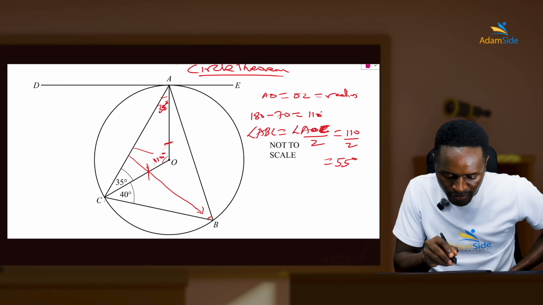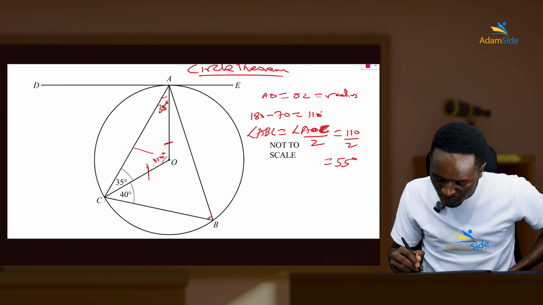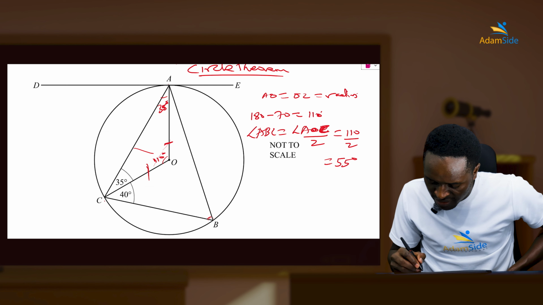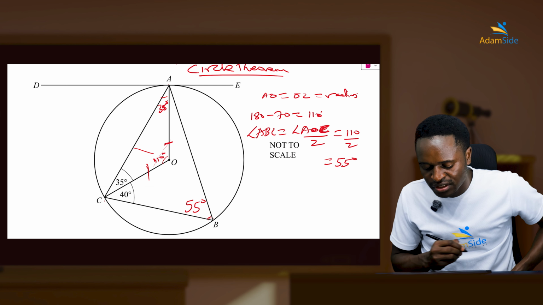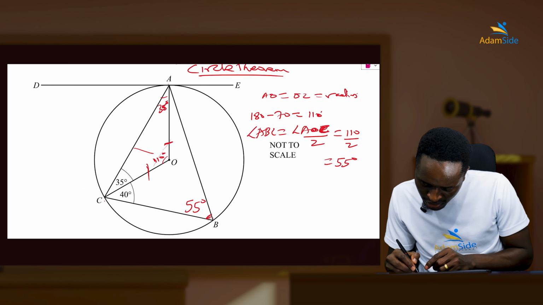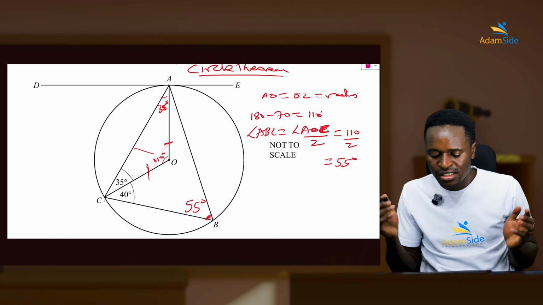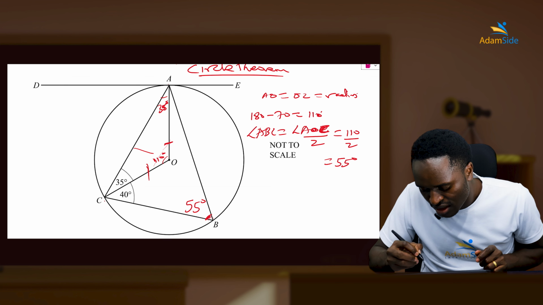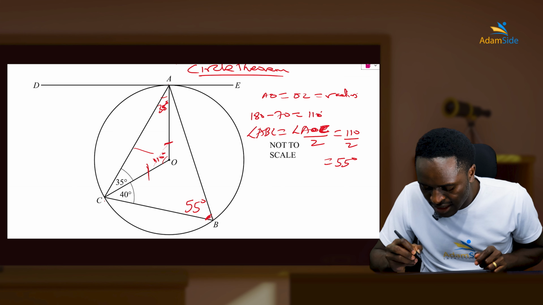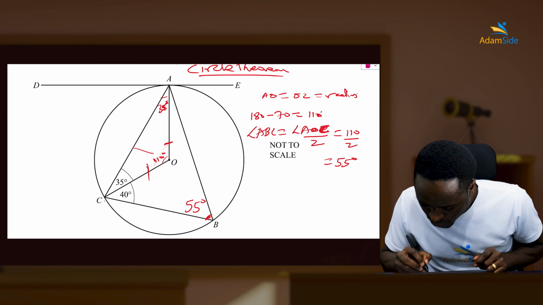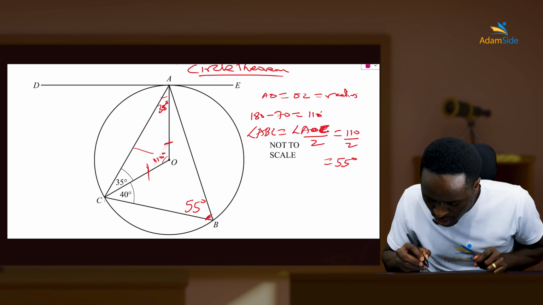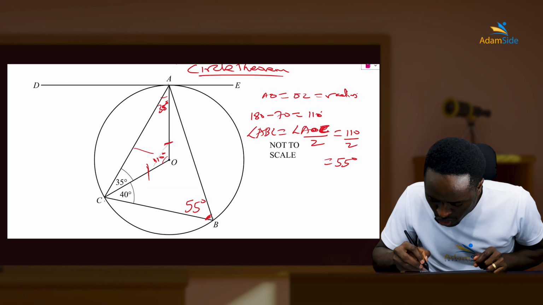Therefore, angle ABC is 110 divided by 2, which is 55 degrees. So we have an angle here which is 55 degrees. Now we know angle OAD is 90.